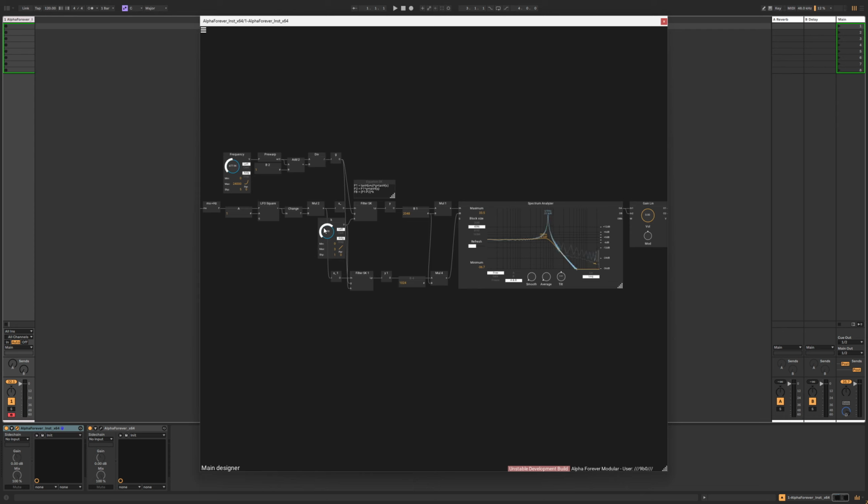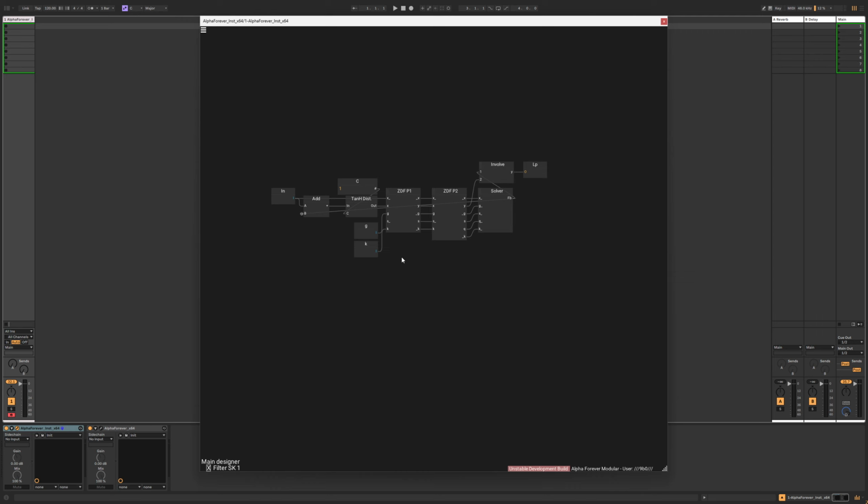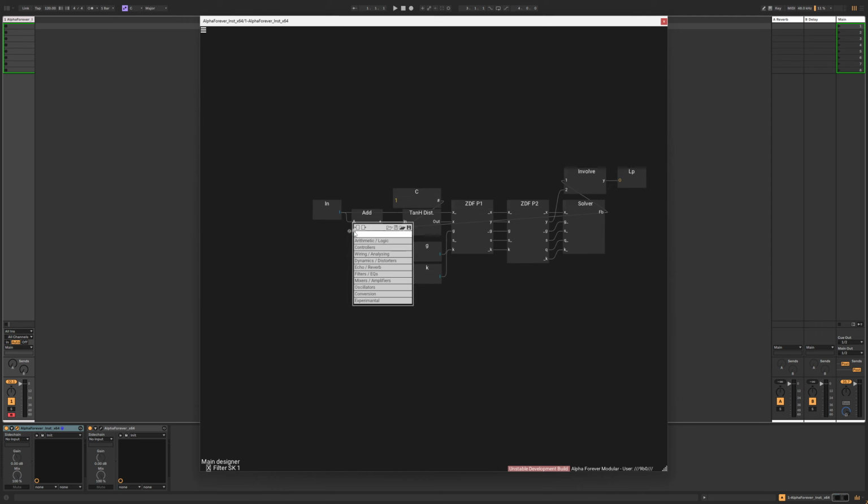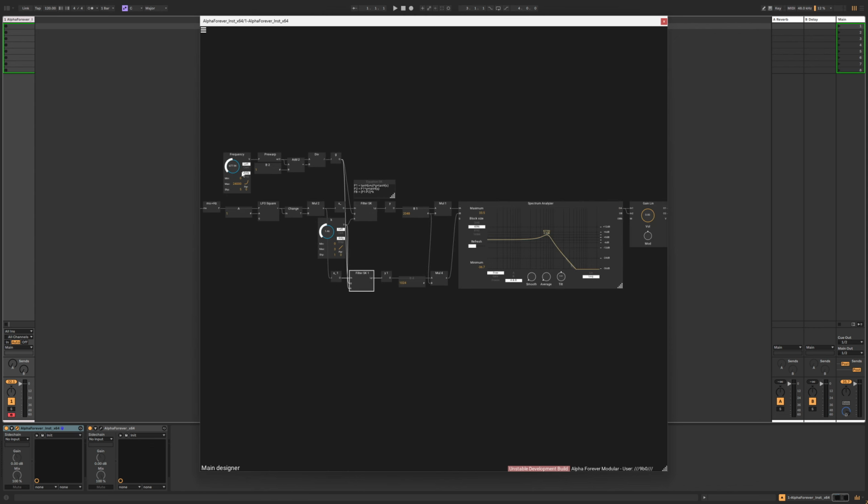Let's take a look at this. It's not that bad now, but it almost doesn't react to resonance because we need to multiply the feedback by the resonance here, and look, we are starting to match.